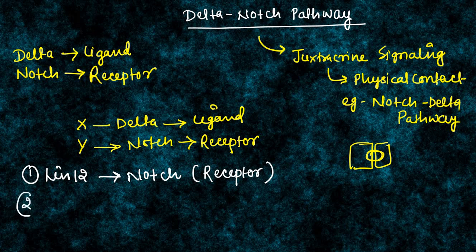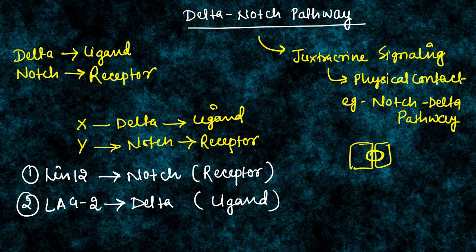So there is one more molecule, known as LAG2. It is acting as delta, which means it is behaving like a ligand. So the whole signaling pathway dealing with anchor cell formation involves Lin-12 and LAG2. Lin-12 acts as the receptor, and LAG2 acts as the delta or ligand.